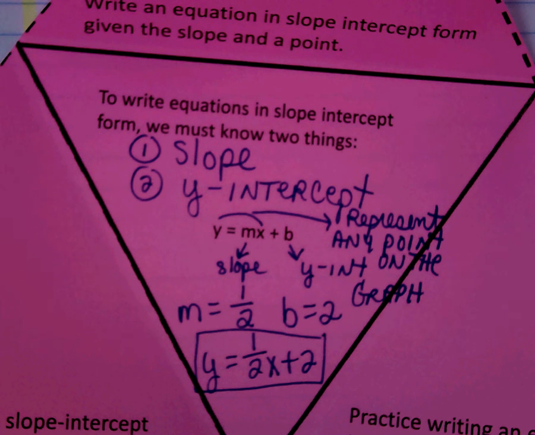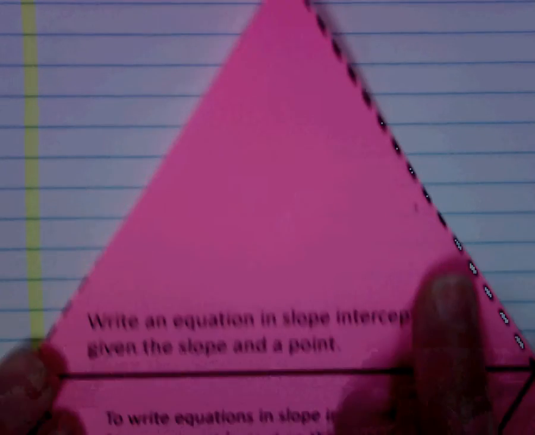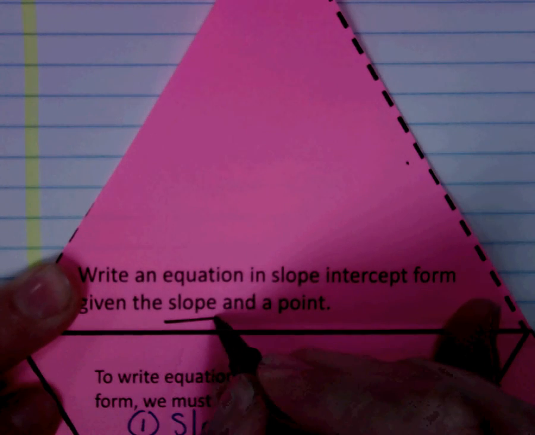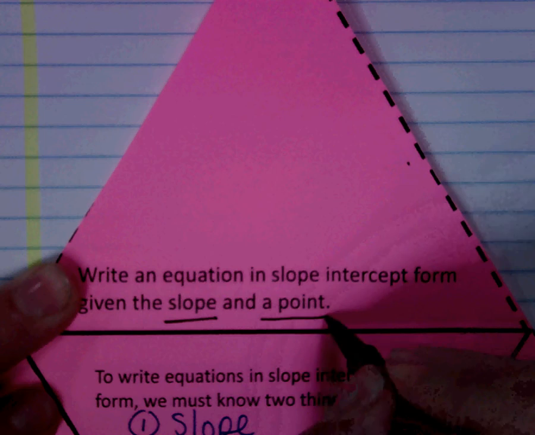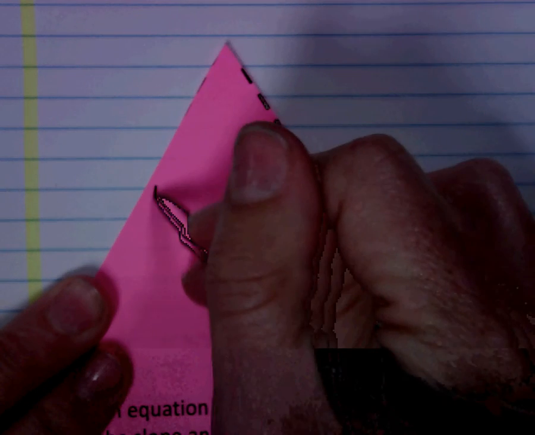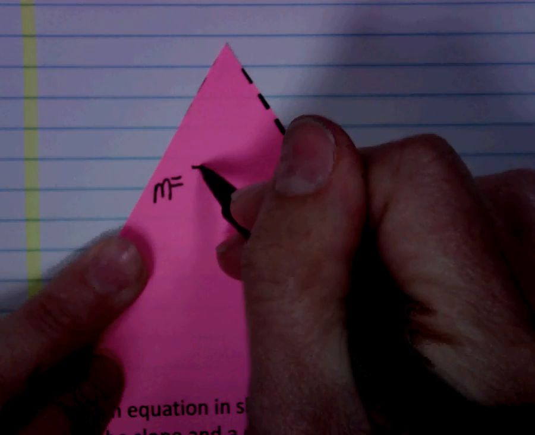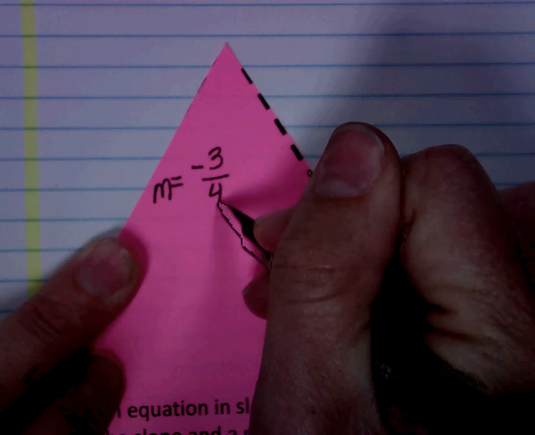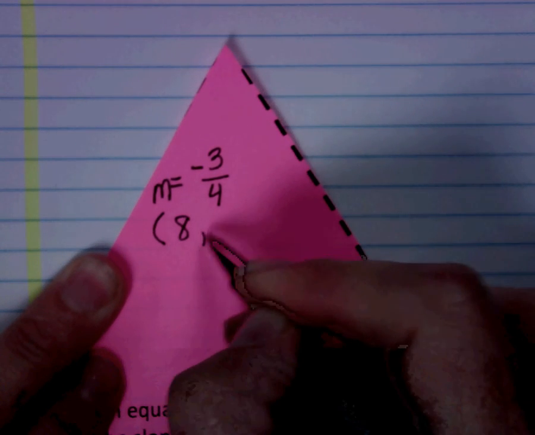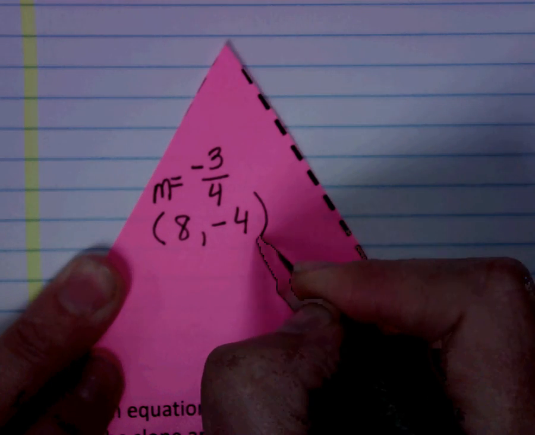Okay, so the next thing I want to do is look at this top triangle where it says write an equation in slope-intercept form when you're given the slope and a point, and it could be any point that's associated with this data. So let's say that I tell you the slope is -3/4, and I tell you that the graph of our equation passes through the point (8, -4).